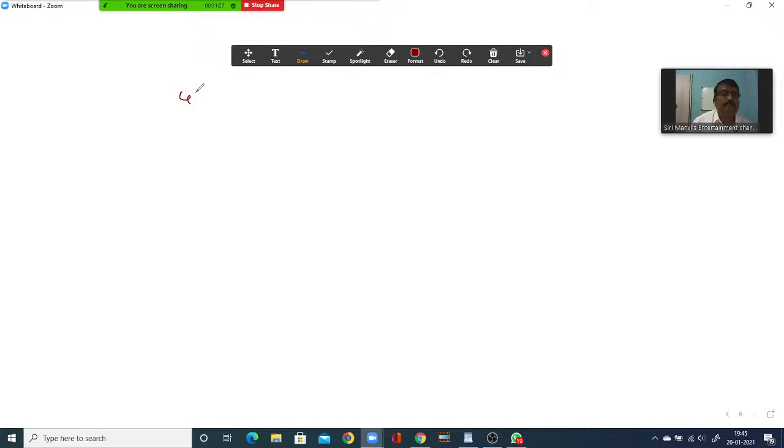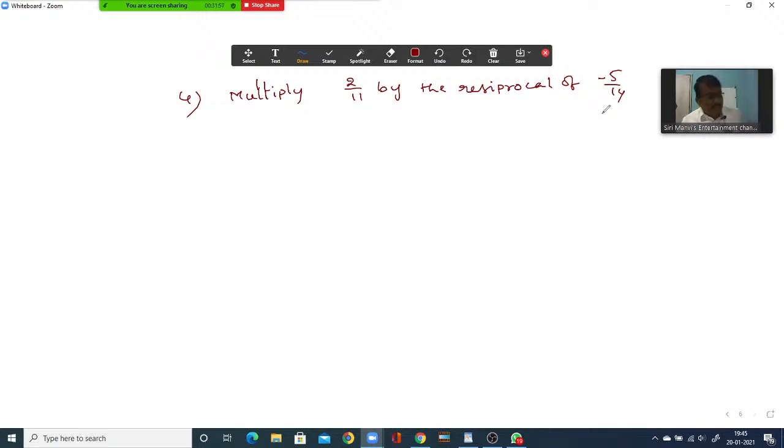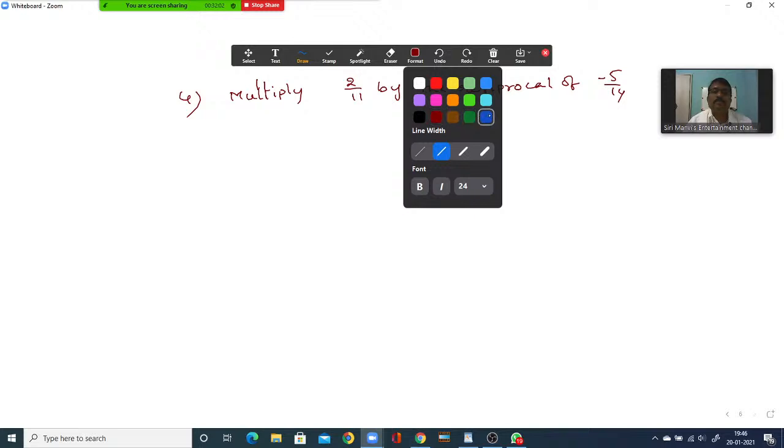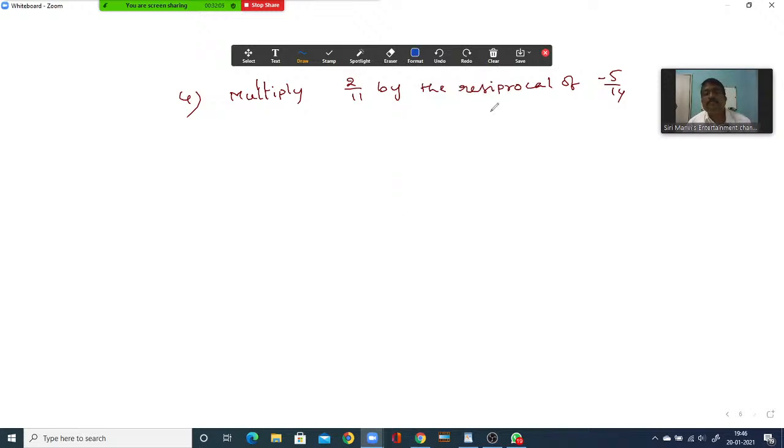Next, the fourth problem. Multiply 2 by 11 by the reciprocal of minus 5 by 14. Reciprocal of minus 5 by 14. So what does reciprocal mean?